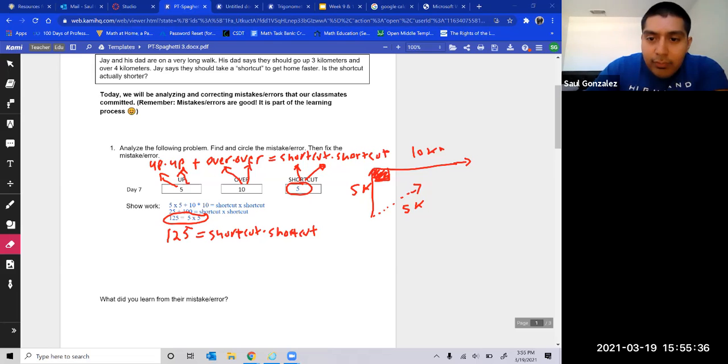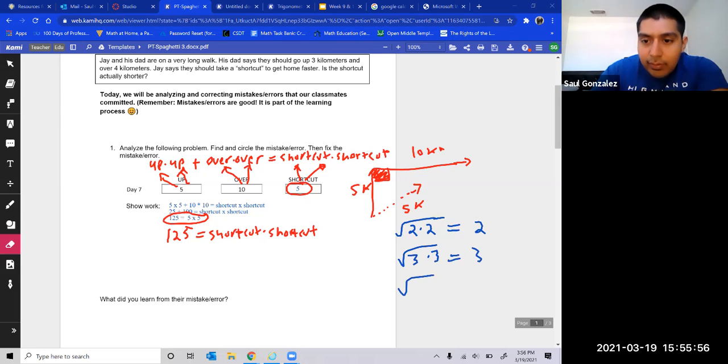Well, if we remember from the roots problem, the square root of 2 multiplied by the square root of 2 gave us the 2 back. The root of 3 multiplied by the root of 3 gave us 3 back. The root of 4 multiplied by the root of 4 gave us the 4 back. So here we have the shortcut. So I'm wondering if we take the square root of the shortcut multiplied by the shortcut, that should give us just the shortcut.